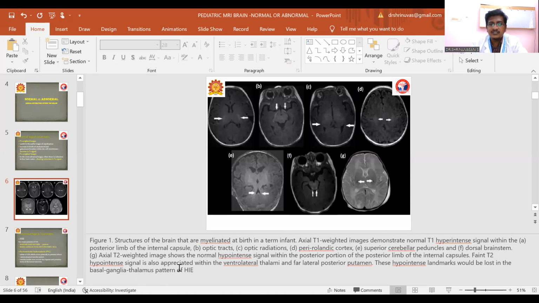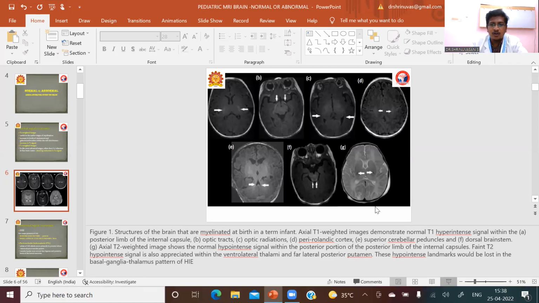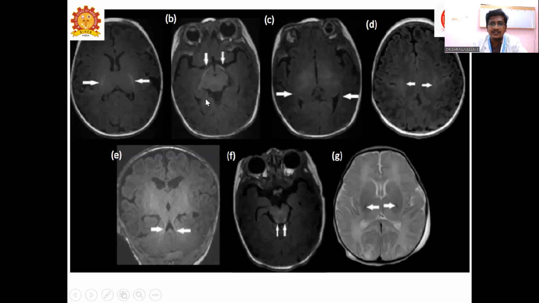These landmarks are usually lost in term hypoxic-ischemic encephalopathy, which we call the basal ganglia thalamus pattern of hypoxic-ischemic encephalopathy. So the normal hyperintense signal on T1 weighted sequences and the normal hypointense signal on T2 are lost in this case.